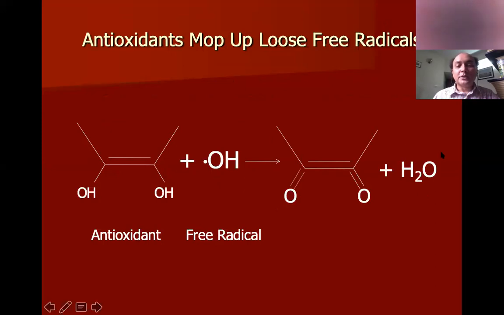And water is very safe, not harmful for the cell. So when this antioxidant compound loses the hydroxyl group and it is replaced by oxygen, it is no problem, and this is a stable compound, not reactive to the membrane or other organisms.